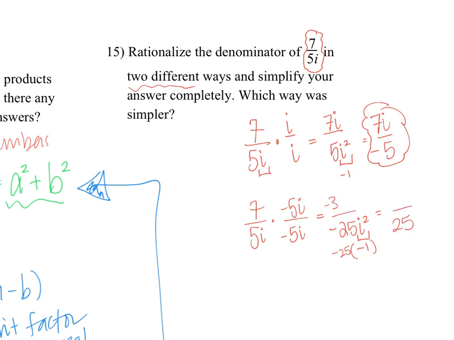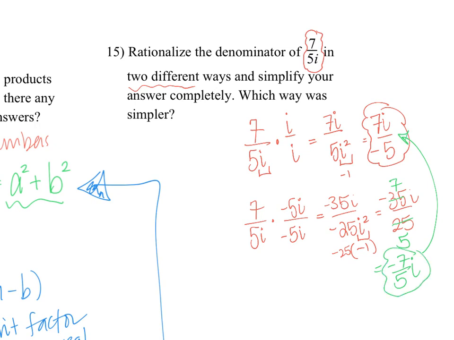On the top, we'll get negative 35i. And so we'll get negative 35i over 25. Now the difference between these two, and this requires a little bit more work, is that we can simplify. Both 25 and 35 can be divided by 5. So we'll get 7 and 5. So we're going to get negative 7i over 5, which is the same as what we got here.